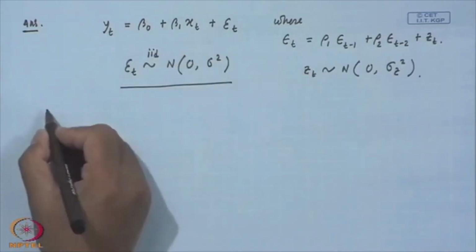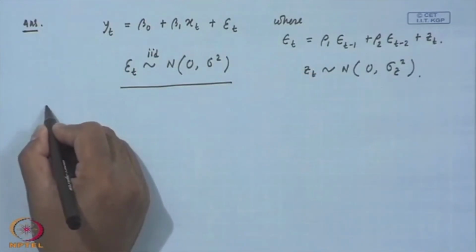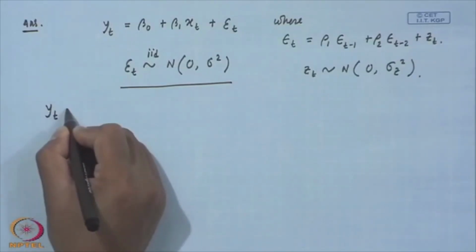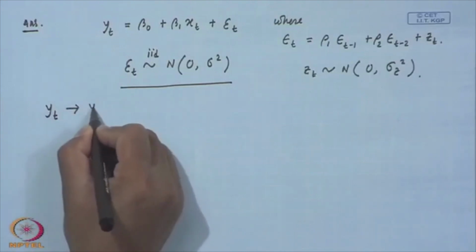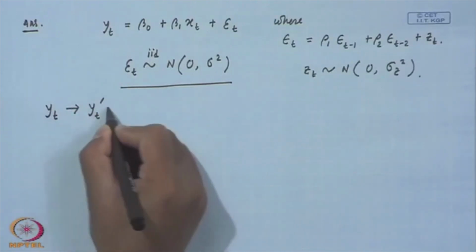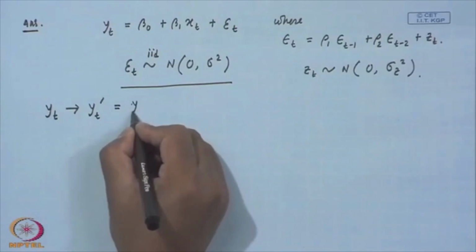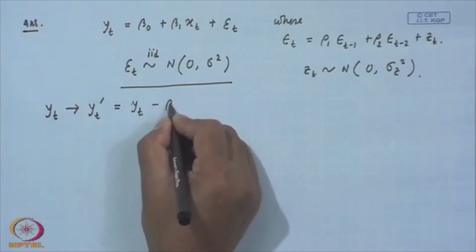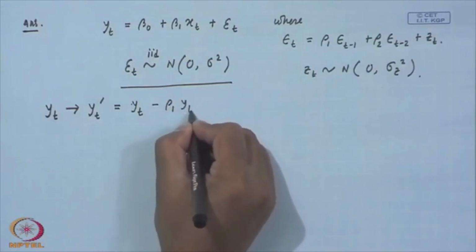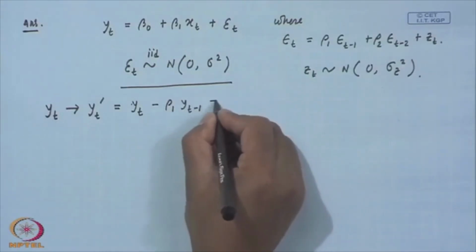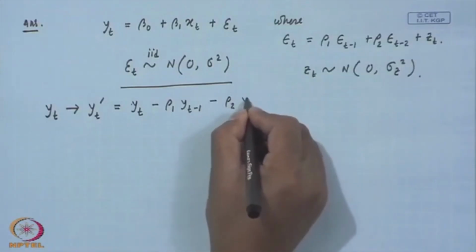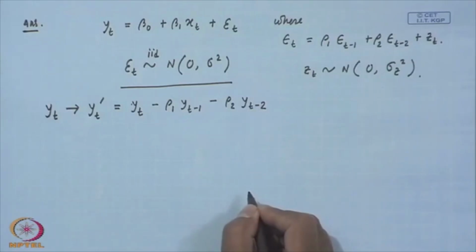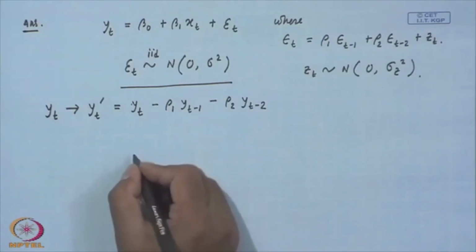So, what we do is that we transform this response variable y t to y t dashed, which is equal to y t minus rho 1 y t minus 1 minus rho 2 y t minus 2. Okay.